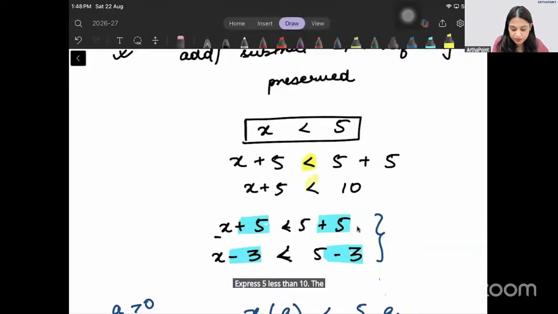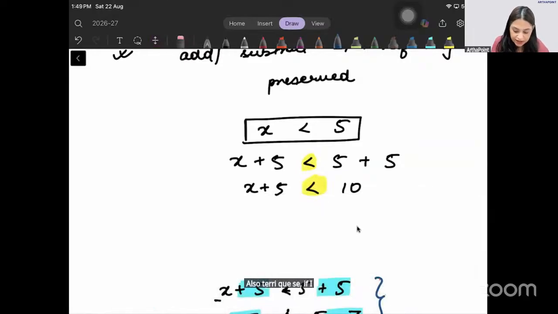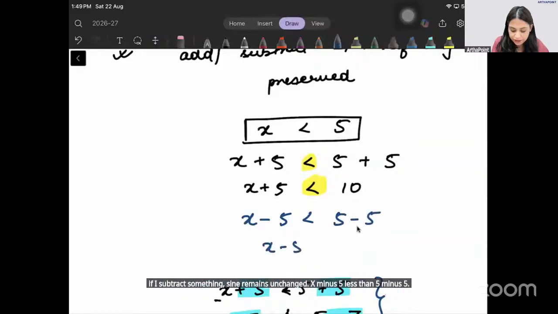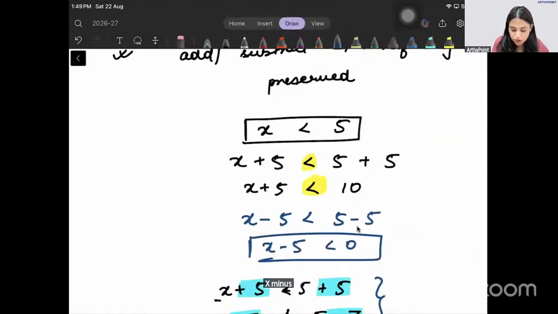The sign remains unchanged. In the same way, if I subtract something, the sign remains unchanged. x - 5 is less than 5 - 5, x - 5 less than 0. So whenever you add or subtract something, the inequality remains unchanged.